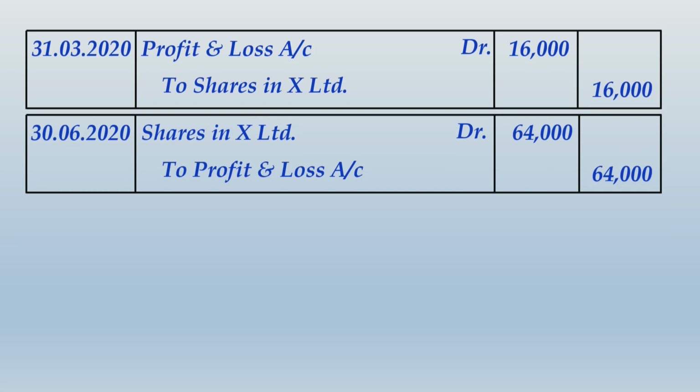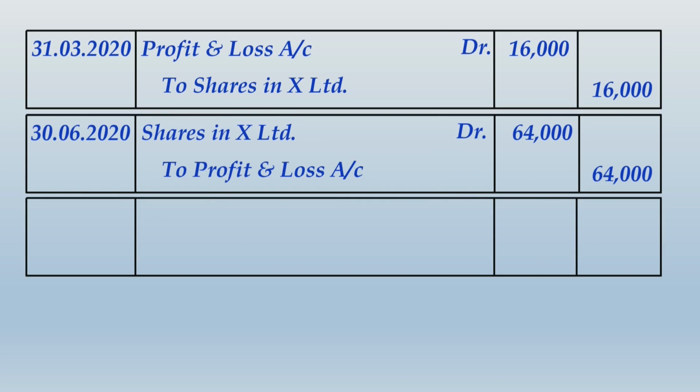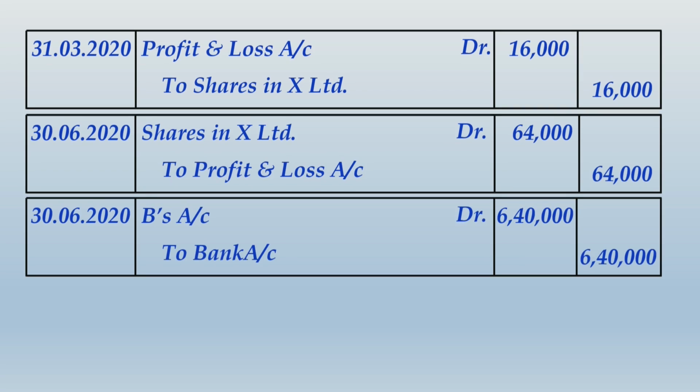So you have recognized a gain by increasing the value of the financial asset at the settlement date. Finally, the shares have already been recognized because of trade date accounting. Now you have to settle B's account by making a cash payment. So the last entry would be B's account debit 6,40,000 to bank account 6,40,000.